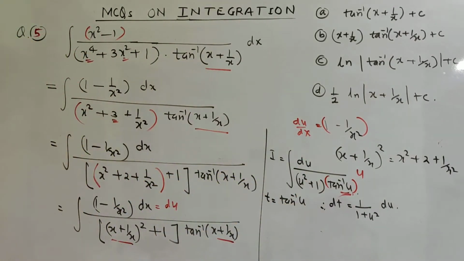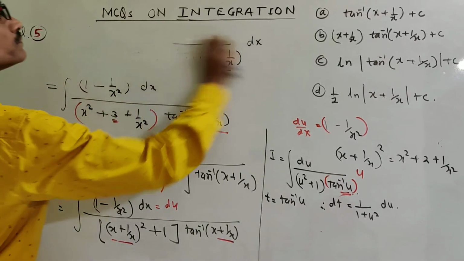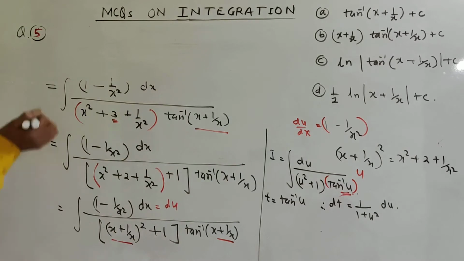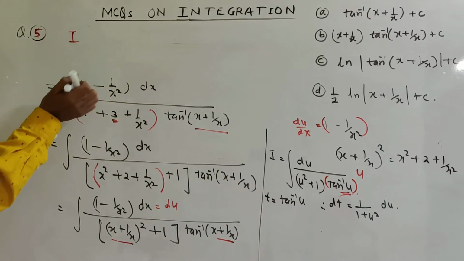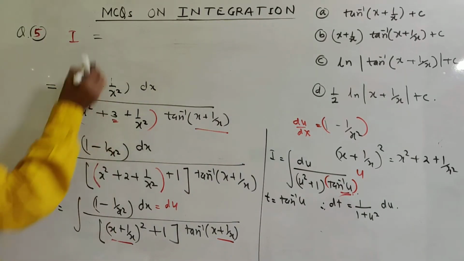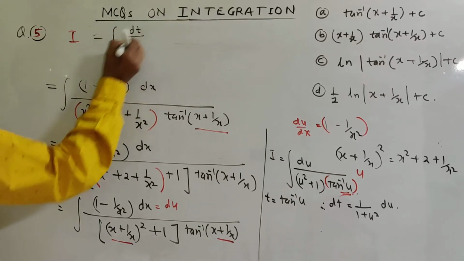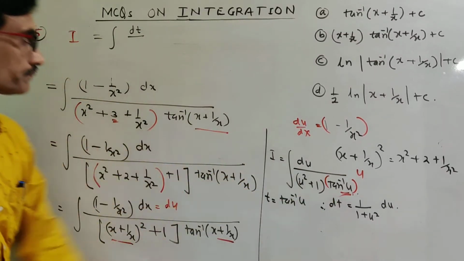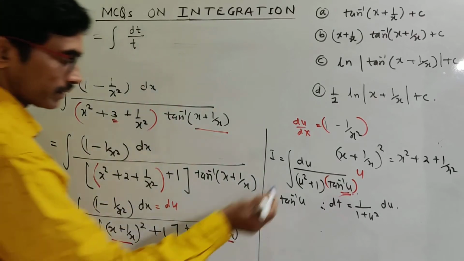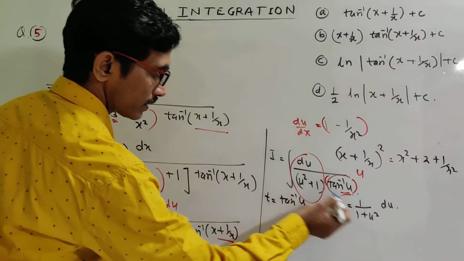So therefore the given integral will become I is equal to the integral of dt upon t. This complete part will be dt, and this is t.